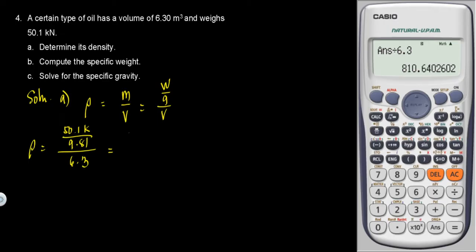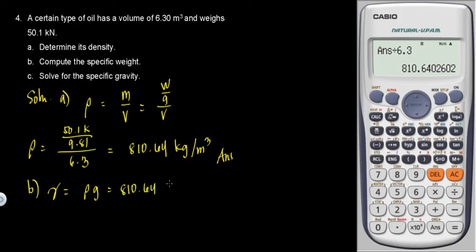So the answer is 810.64 kilogram per meter cube. Yes, this is the answer. Specific weight, letter B. Specific weight is equal to rho times G, equals 810.64 times 9.81 equals 7.952.